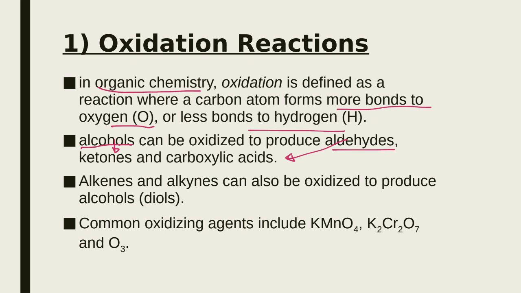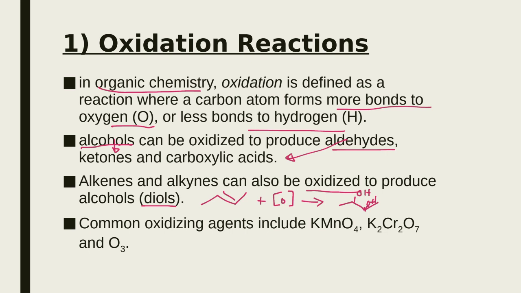Alkenes and alkynes can also be oxidized, and if this happens, they create diols. If you have an alkene that is oxidized, this is the symbol for an oxidation reactant, then where that pi bond is, you would create two OH groups, two hydroxyl groups, around that pi bond, and that's what we call a diol.